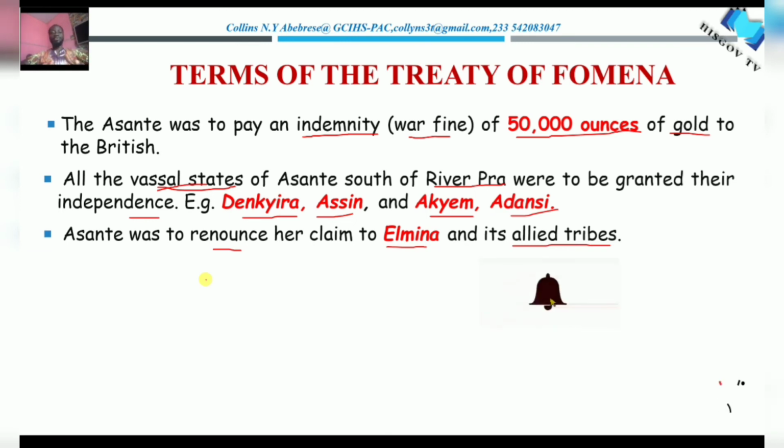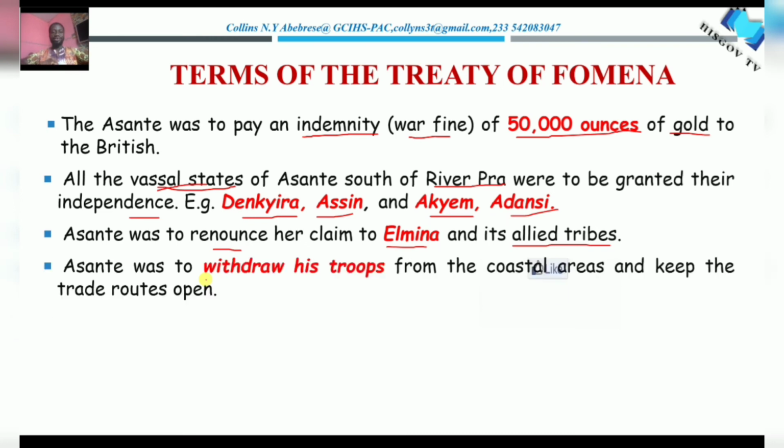And so now that they have been defeated, of course, Britain would tell the Asante Empire to renounce claim of Elmina. So now Elmina was not going to be for the British anymore. Renounce your claim on Elmina. Again, Asante was also asked to withdraw his troops from the coastal areas and keep the trade routes also open.